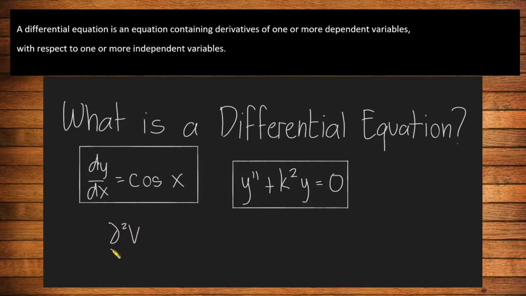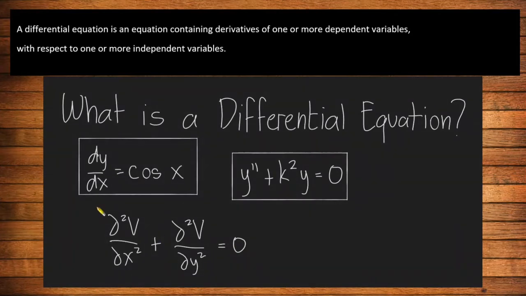In the next example, we have the second partial derivative of v with respect to x plus the second partial derivative of v with respect to y equal to 0. Okay, so I hope familiar din kayo dito sa mga partial derivatives. So again, by definition, derivatives pa rin yan. So this is also an example of a differential equation.